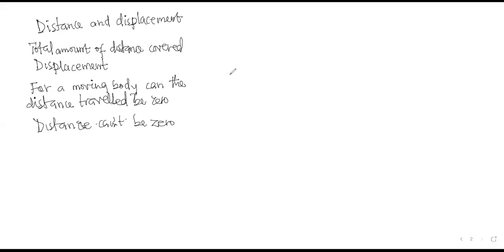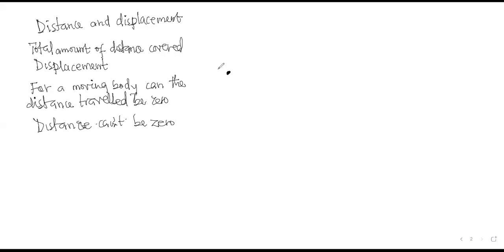Gerard is actually hitting the nail on the head. So, for a moving body, yes, displacement can be zero. Distance cannot be zero, but displacement can be zero and even be negative. Benjamin? Yes, sir. Please, for a moving body, the displacement can be zero. This can happen when the body returns to its initial position after moving.